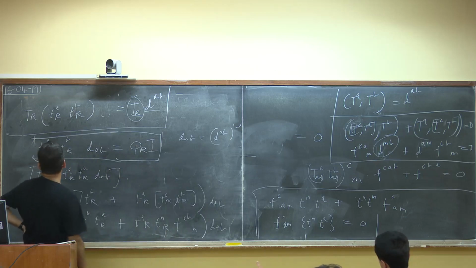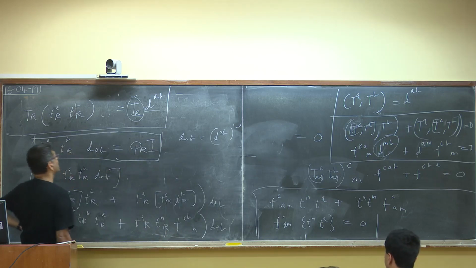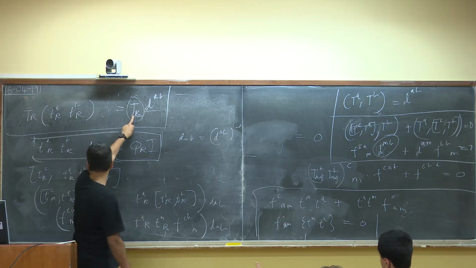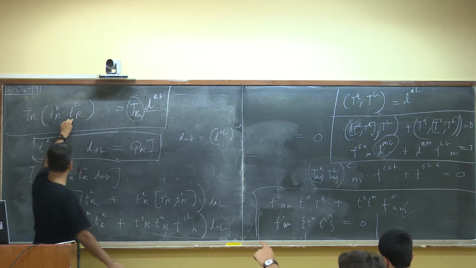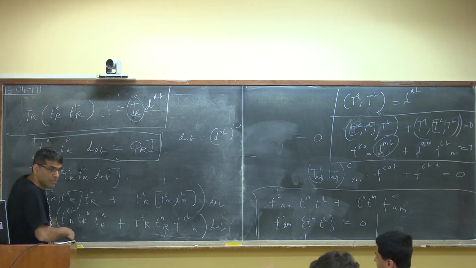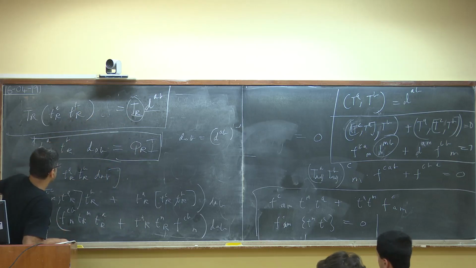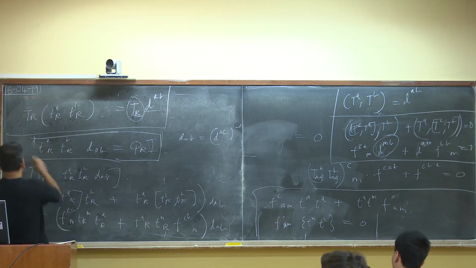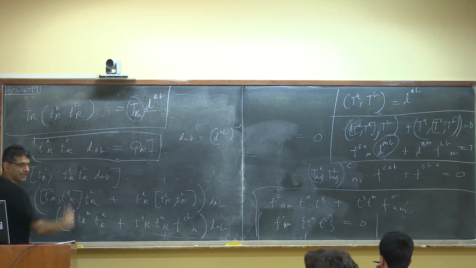Exactly, let's do that. Then the left hand side is basically the dimension of the representation times QR, and the right hand side is TR. You wanted to do it here, right? Here you multiply with d_AB lower on both sides. This d_AB, AB is contracted here.